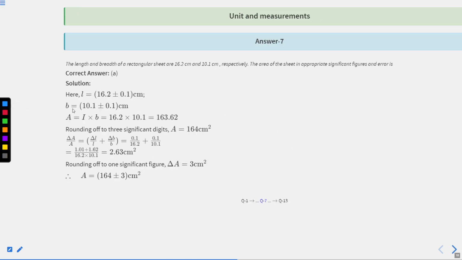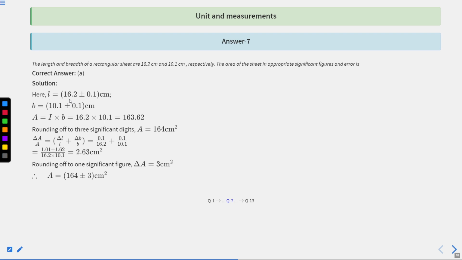Let's find a solution. L equal to this and B equal to this. So area equal to L into B. Putting the numeric value, the final answer is 163.62. Rounding off to three significant figures, A equal to 164 centimeters square.